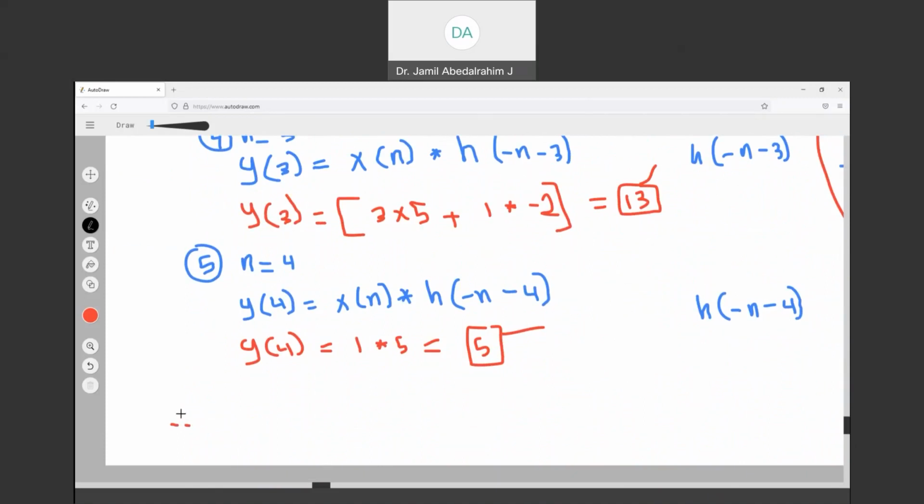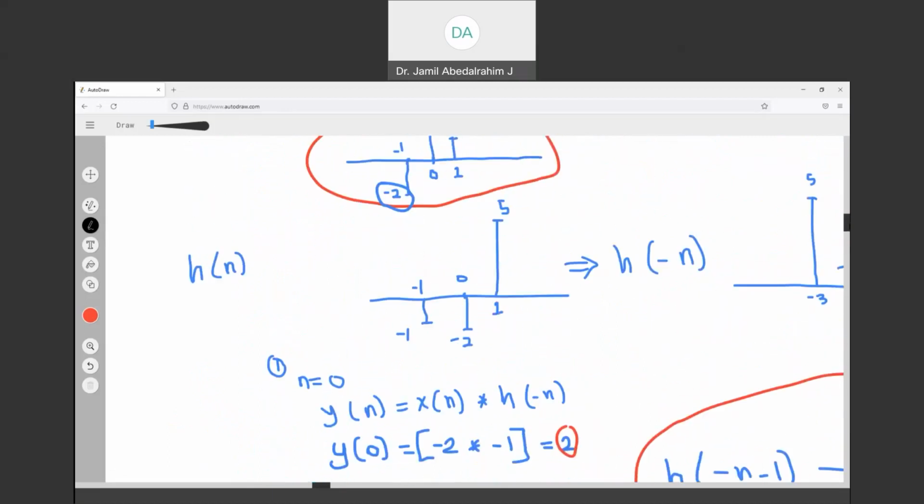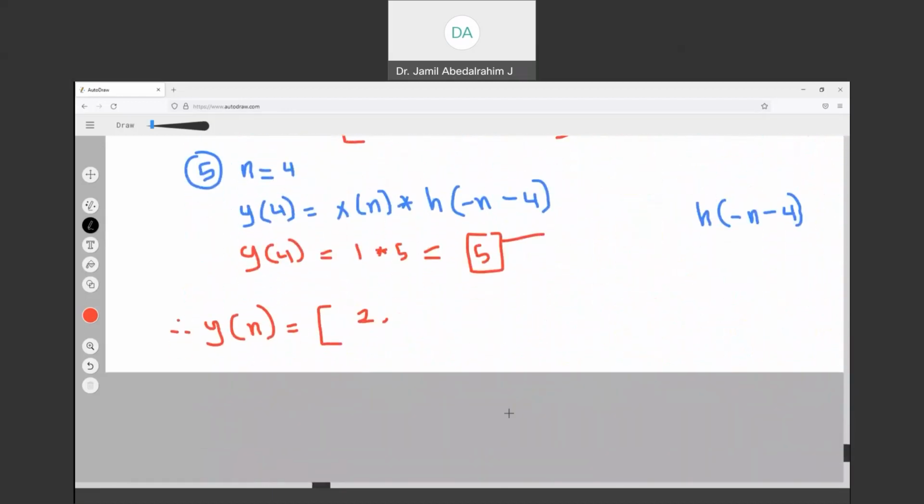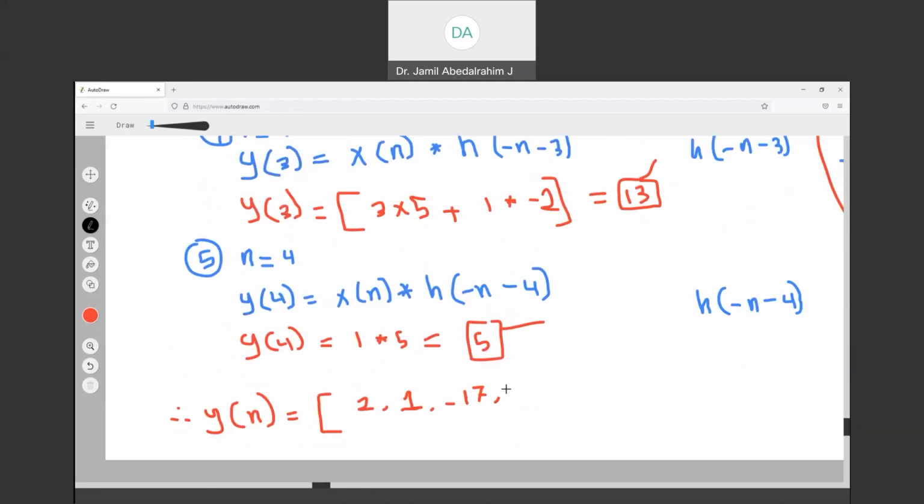So here y of n is 2, 1, 7, negative 17, 13, and 5.